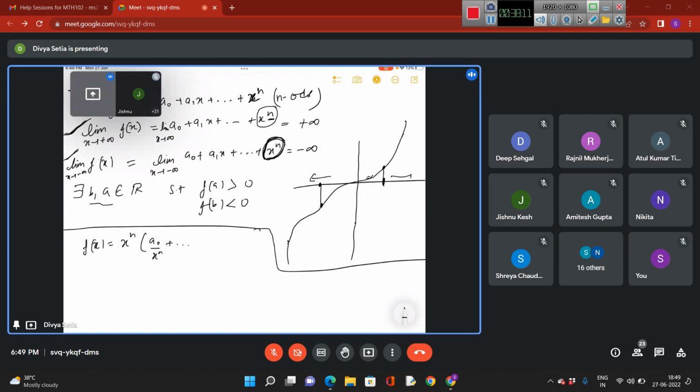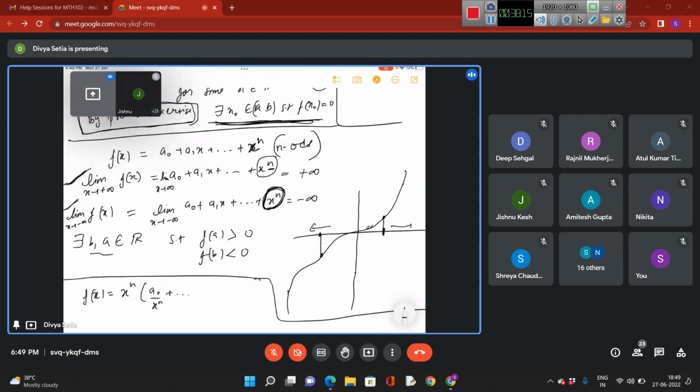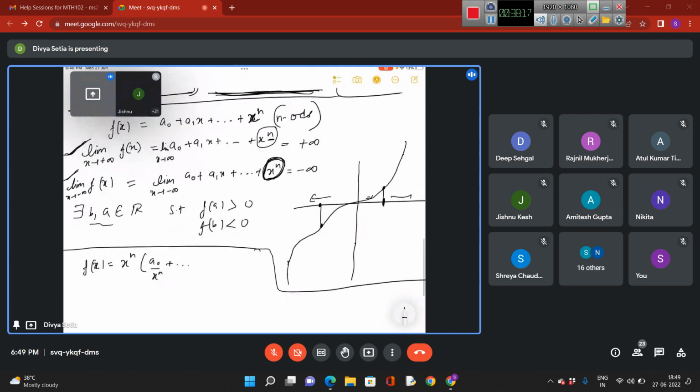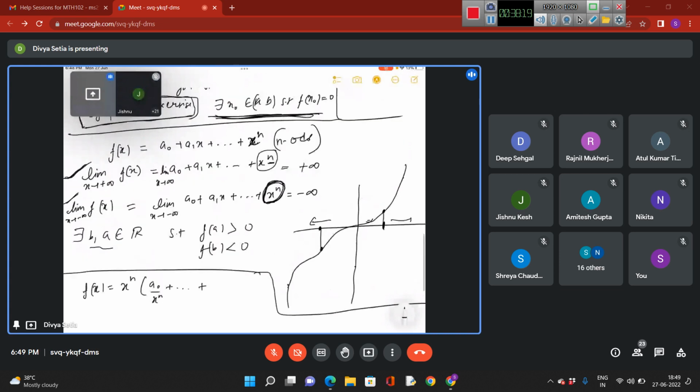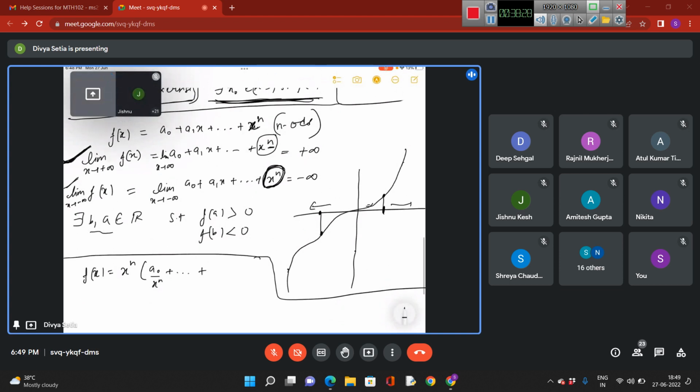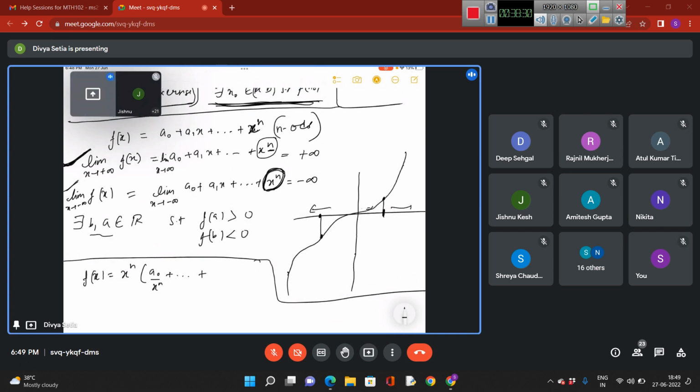See, in an exam, if you just write this intuitive idea, that is also fine, because it's clear-cut calculations. You have shown that the limit is going to plus infinity and minus infinity, so there should exist points. But if you want to write a full proof, some calculation will be involved here.